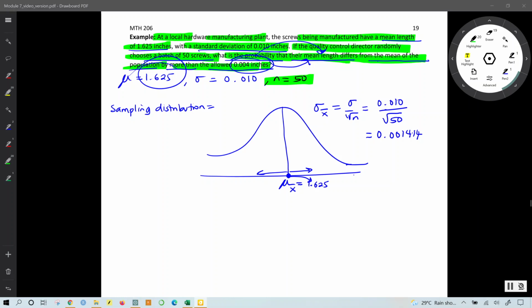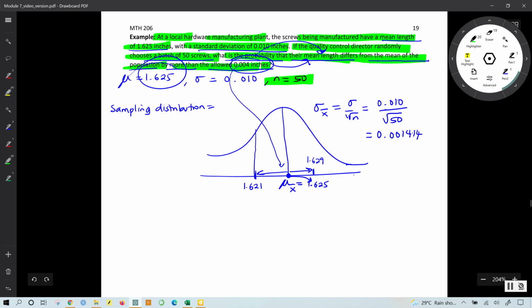If I subtract 0.004 from 1.625, I will get 1.621, and if I add the same number, I will get 1.629.